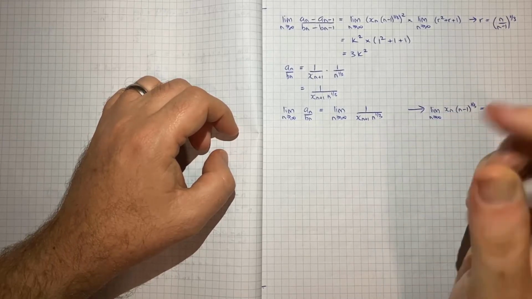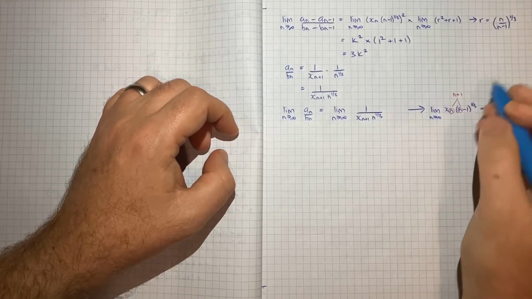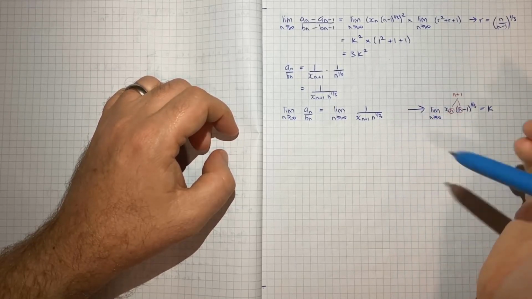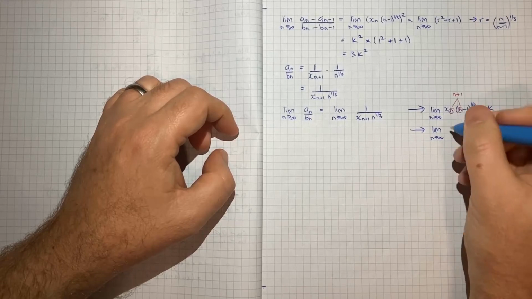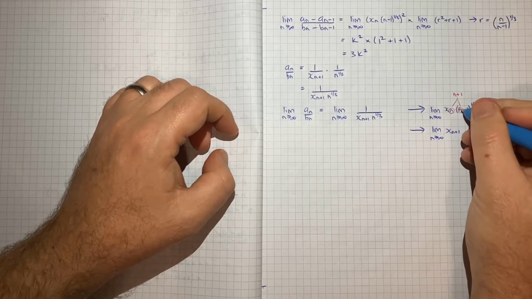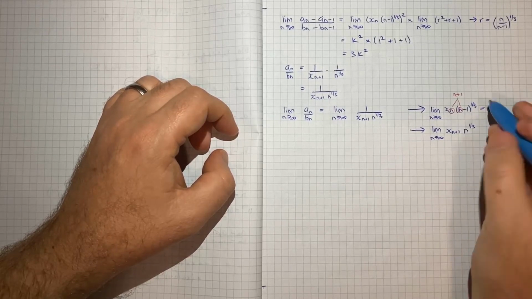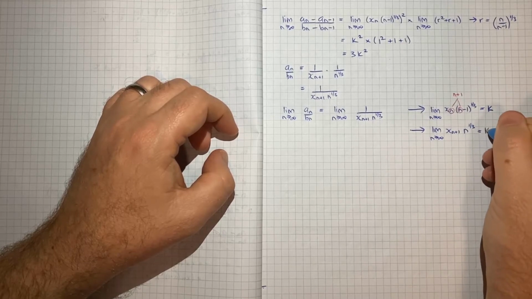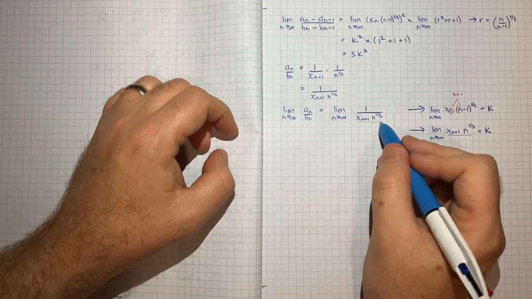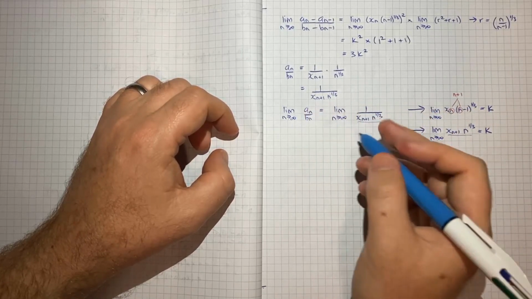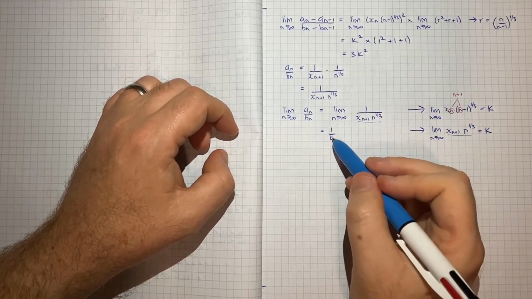Now if I just come in and wherever I see n, I put n plus 1, so we just go the next step in this sequence, what we'd get is the limit as n goes to infinity of x n plus 1 times n plus 1 minus 1, or n to the third, and it will have the same limit because we're going to infinity, so that's also going to be equal to k. So see, this is the same as this, so what we can say is the limit as n goes to infinity of an on bn is equal to 1 on k.